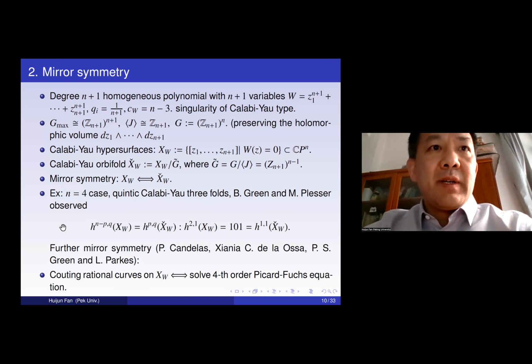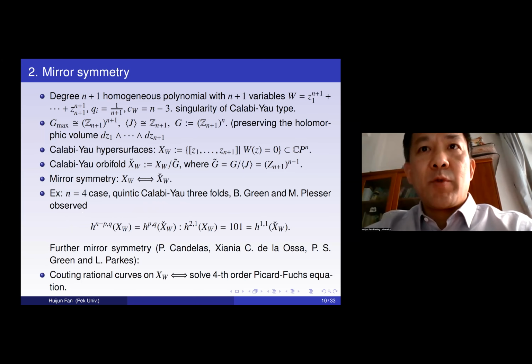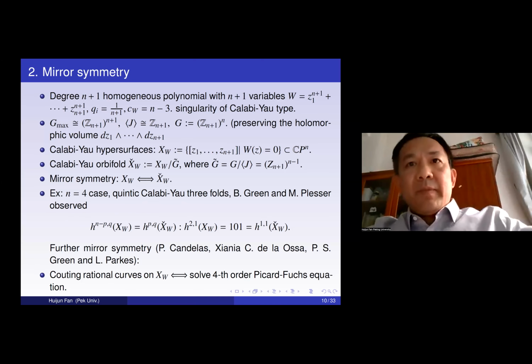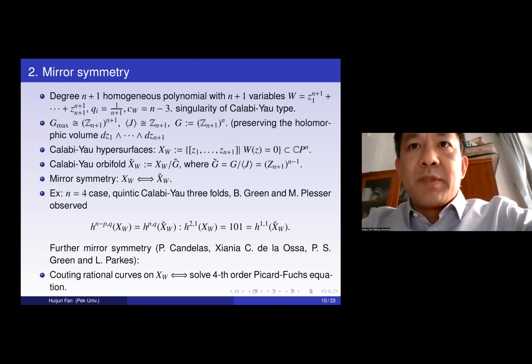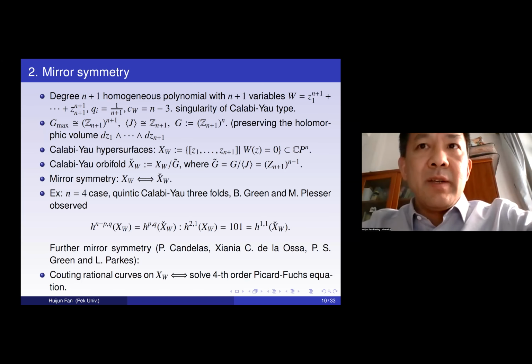The most famous example is the n equals 4 case, which gives the quintic Calabi-Yau threefolds. The first observation was made by two physicists, Green and Plesser, in the early 80s.